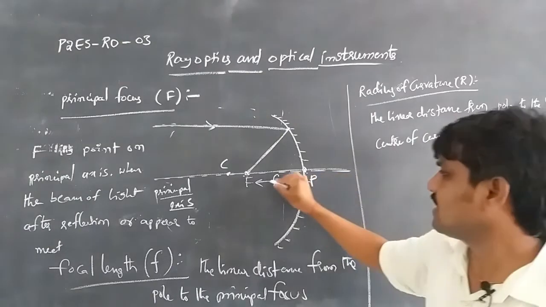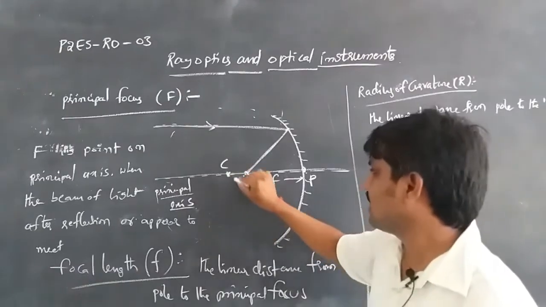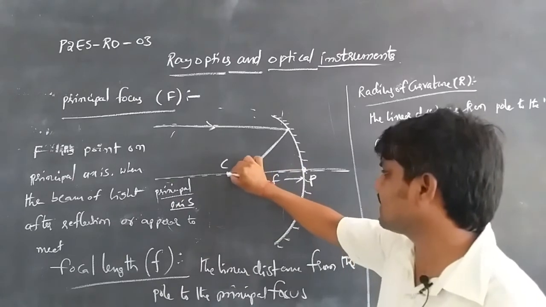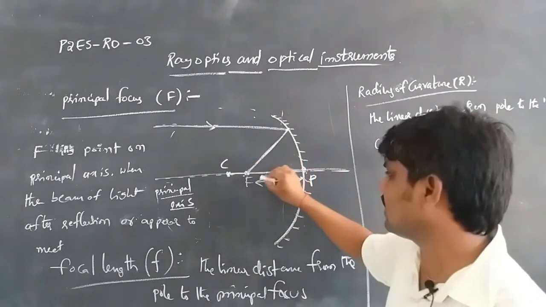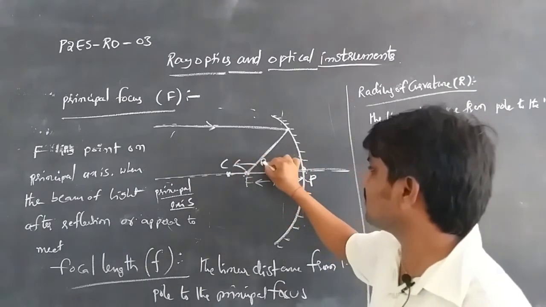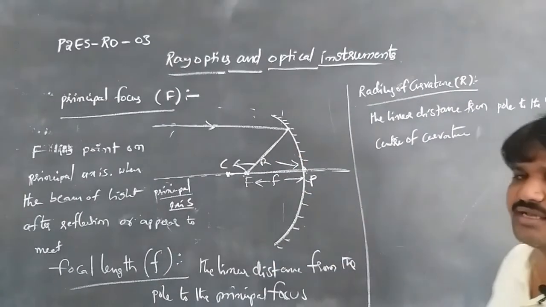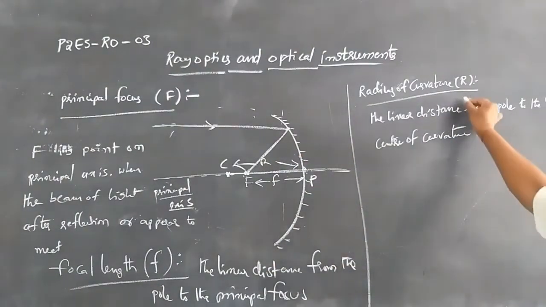Here the center is this one and the pole is this one. The distance between the center of curvature and the pole is called the radius of curvature, denoted with R.